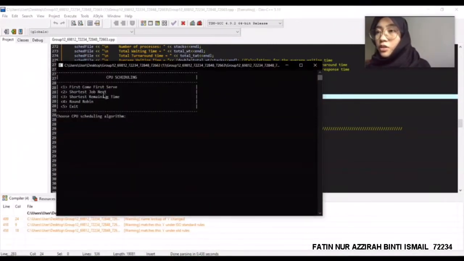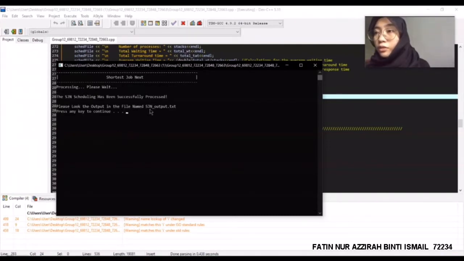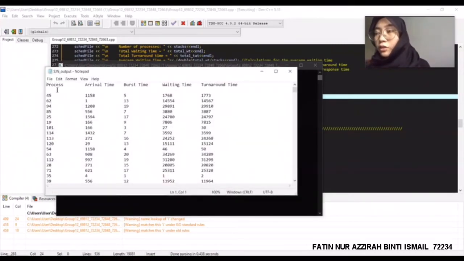It shows that shortest job next is at number 2, so we press 2 and enter, and we will wait for the process. It says that the output will be in a file named SJN output text file. So we open it.